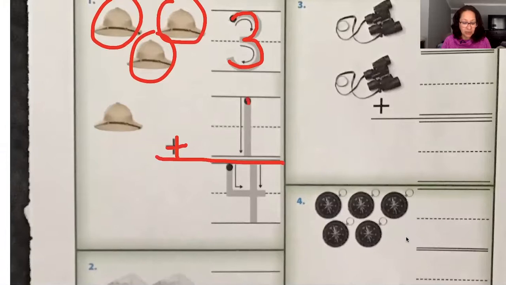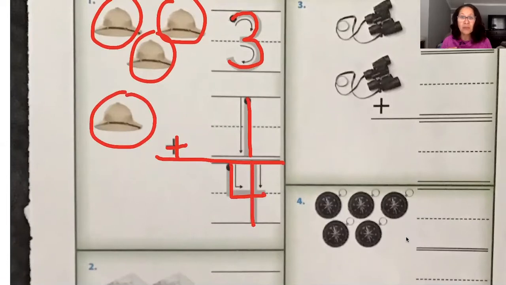So 3 plus 1, right? So you're adding the 3 hats plus the 1 hat. All together is 4. Now remember, the plus sign is going to be right on the left side of the bottom number that you're adding. We're going to do more problems so you understand it, all right?